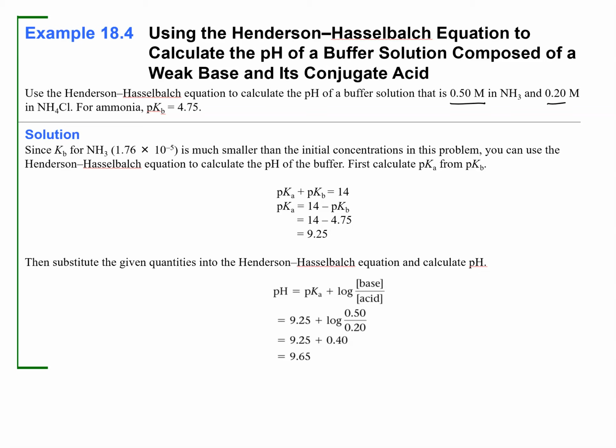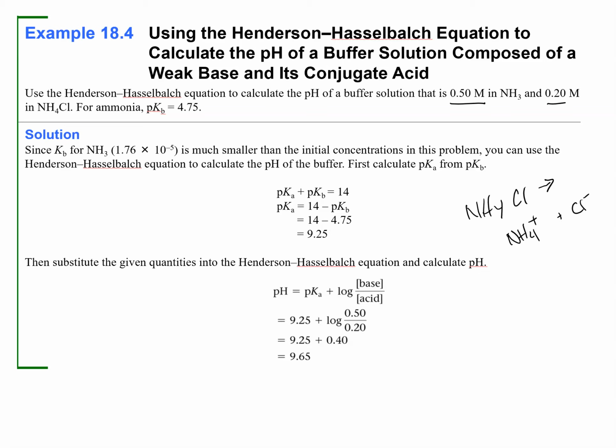well, let me lay this one out for you guys. Remember, ammonium chloride is going to dissociate into ammonium cation plus chloride anion.